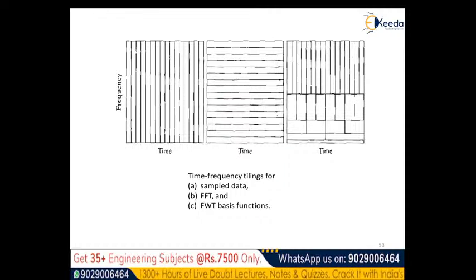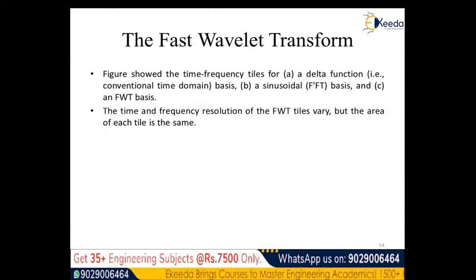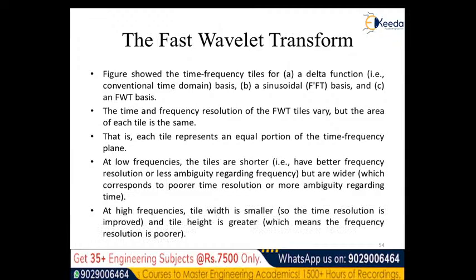Whereas with the help of the fast wavelet transformation basis functions, in part C, you see the details are available at the frequency scaling as well as the time scaling. So these are the additional points that we have just visualized here with the help of the delta function representation.